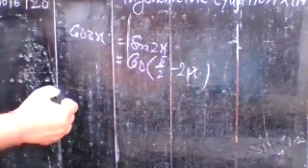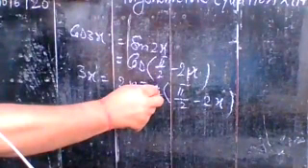So here you have 3x is equal to 2n pi plus or minus alpha. You write the value of alpha here, pi by 2 minus 2x. And here you solve one result by taking the positive value and the other for the negative value.